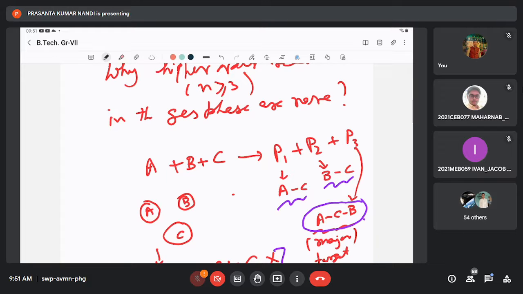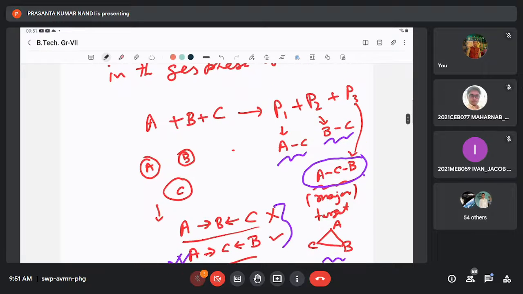Let A, C, B, that is product 3, be labeled as the major target or major product. That is the desired product, right?